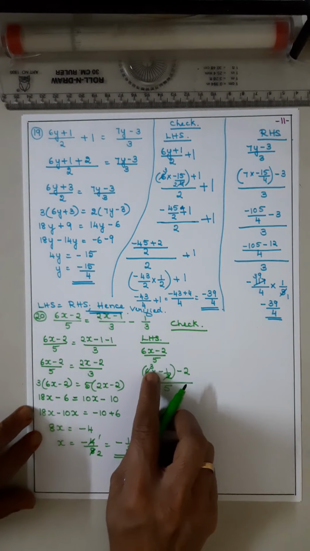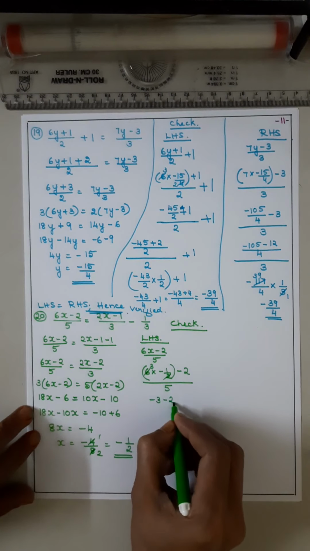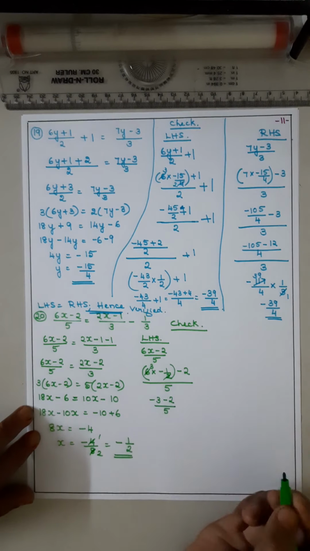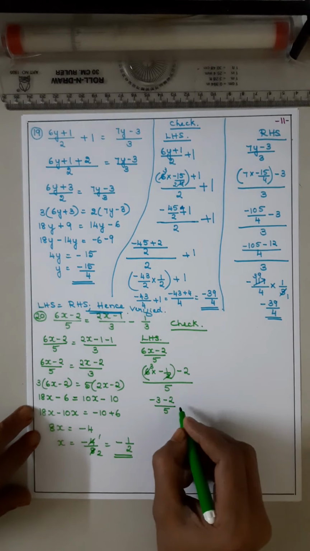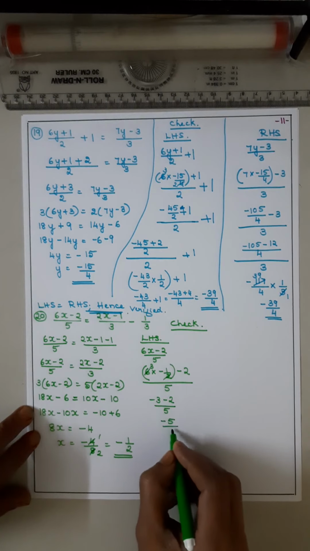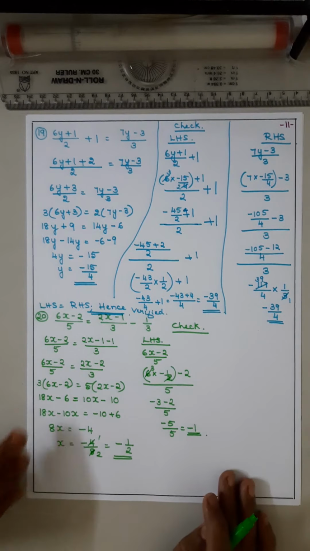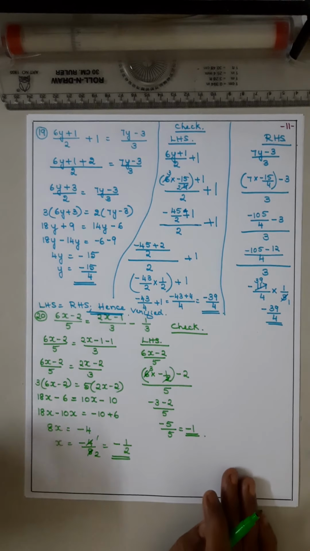So you got here minus 3 minus 2 by 5. So minus 2 minus 3 will be minus 5 by 5. That means minus 1. So your LHS you got minus 1.